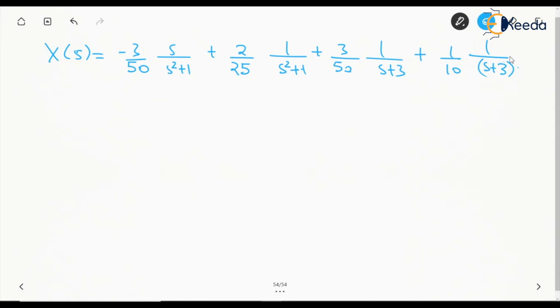Right? Of course, you can find these coefficients. I'm skipping this small part.